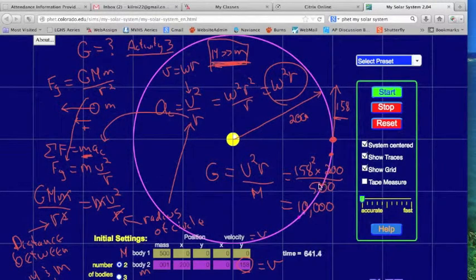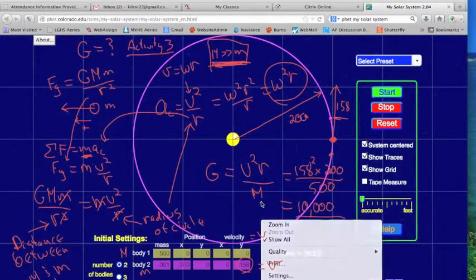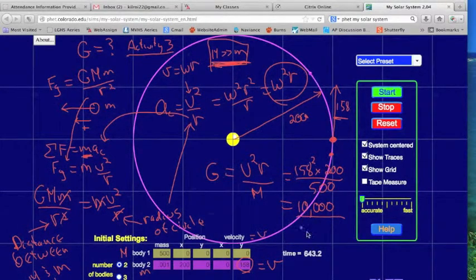And I'm pretty sure the programmer used 10,000 when they wrote this code. And so we're going to use 10,000 from now on. If you actually do the work, it's like 9,980 something or whatever. So now that we know what big G is, we can move on here.